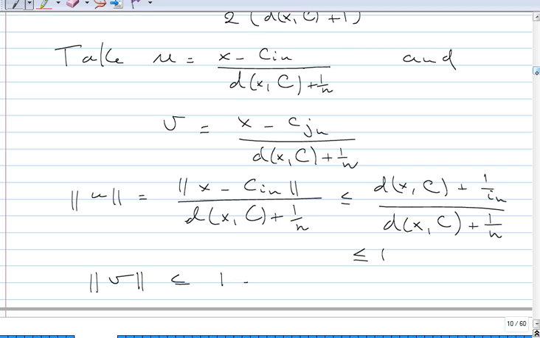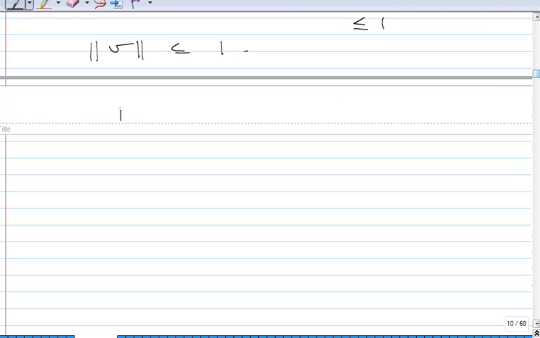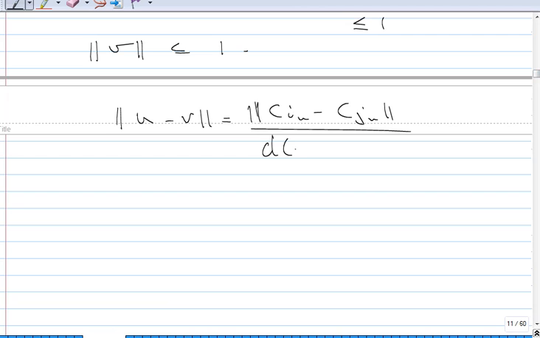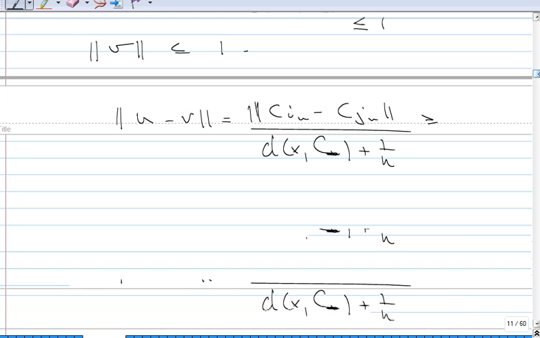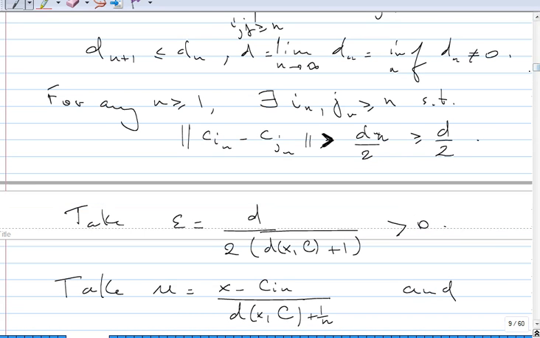Okay? And if we take norm of u minus v, we're going to find norm of Cn minus Cin over distance from x to C plus 1 over n. Okay? And by our definition of in, we said this is greater than, right? Cn minus Cin is greater than d over 2.